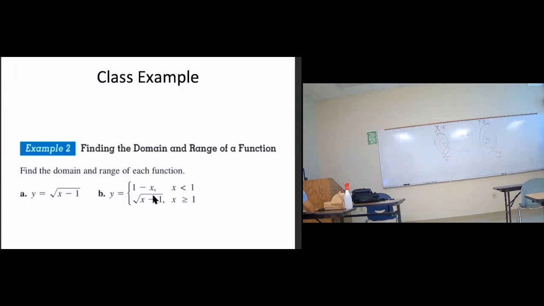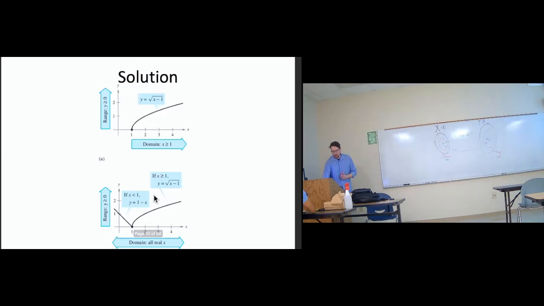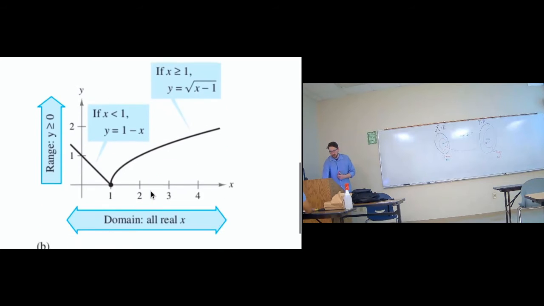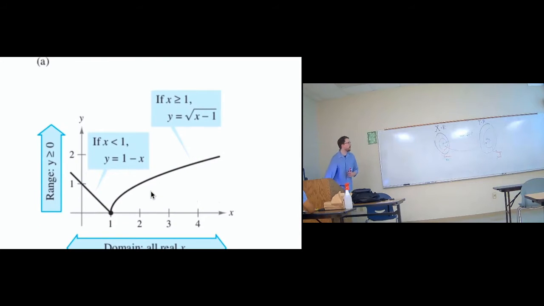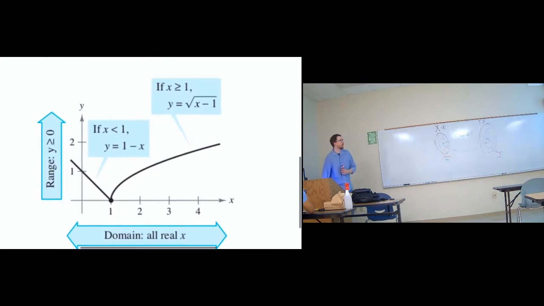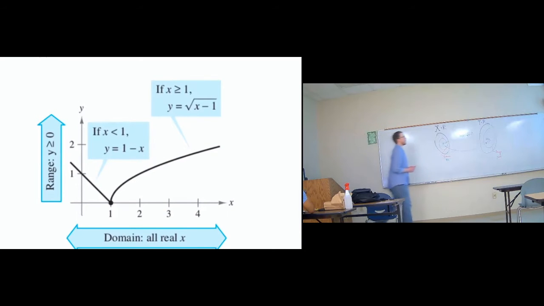Anyhow, whenever x is greater than or equal to 1, we take the square root of x minus 1. So what does that second function look like? It looks like this. The first set of rules told us what to do when x was less than 1. That was that line with negative slope of 1.